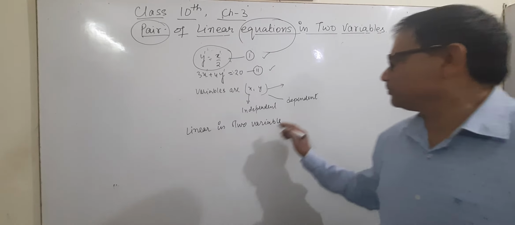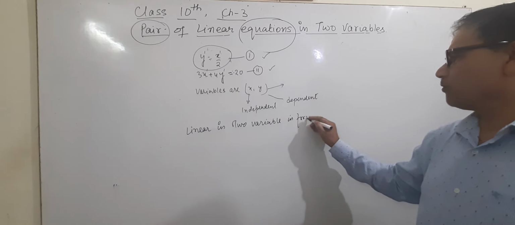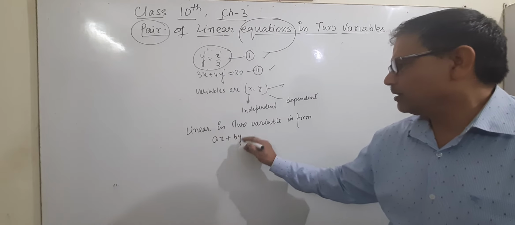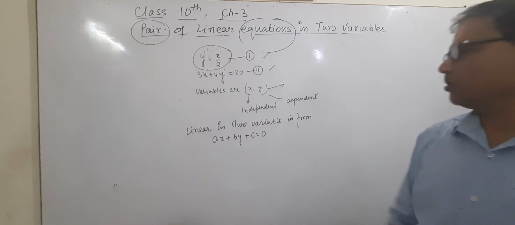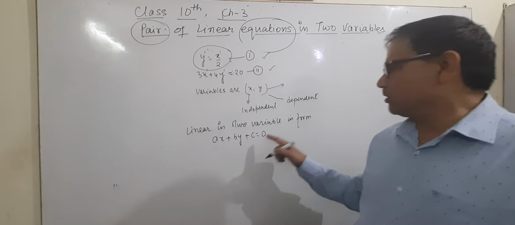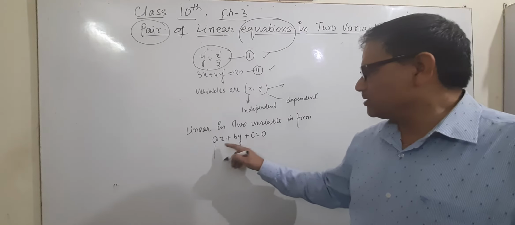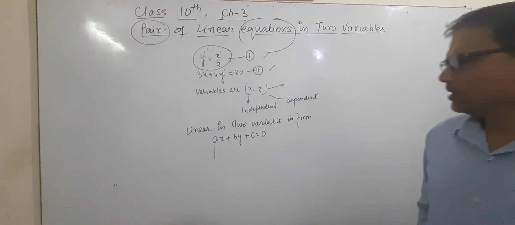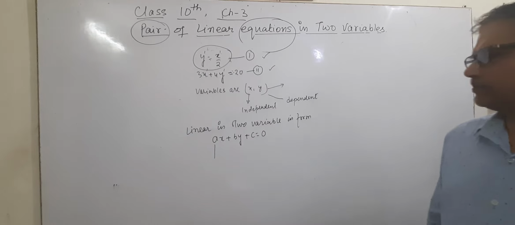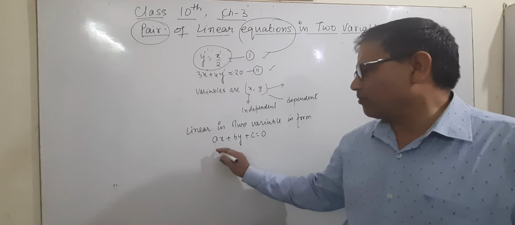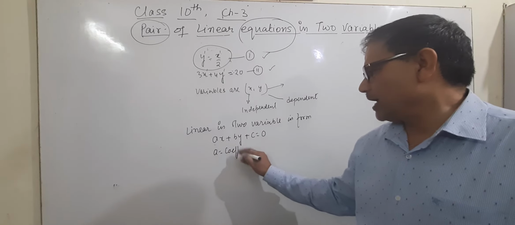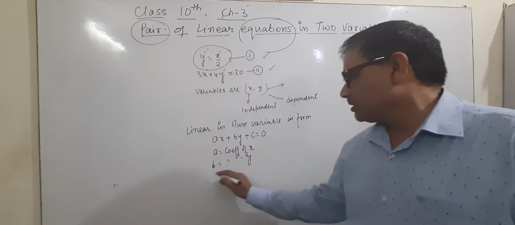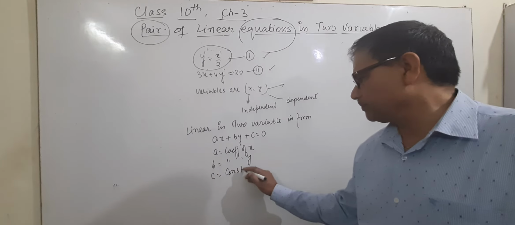We can form it in the form of ax plus by plus c equal to 0, or ax plus by is equal to c, where a is the coefficient of x, b is the coefficient of y, and c is the constant term. What is a? Coefficient of x, b coefficient of y, c constant term.